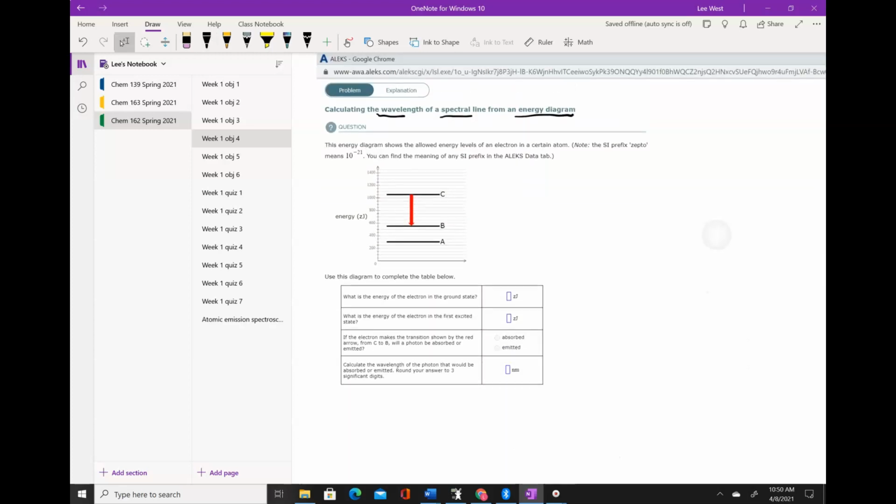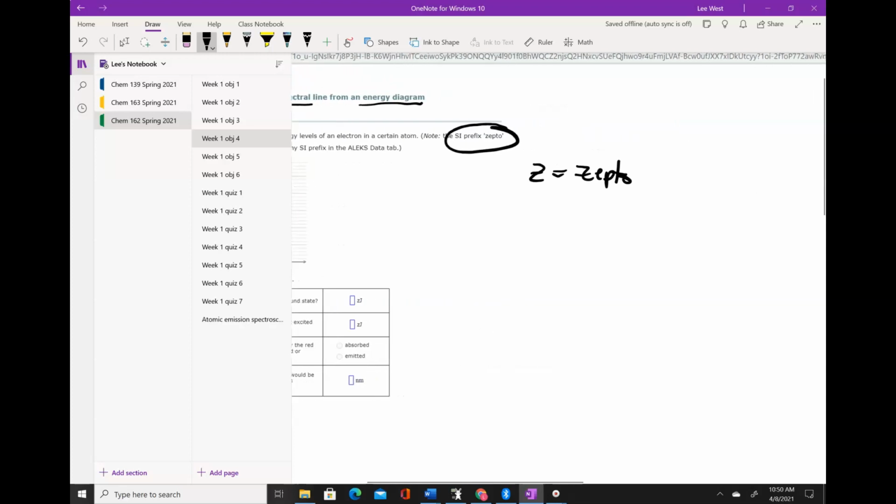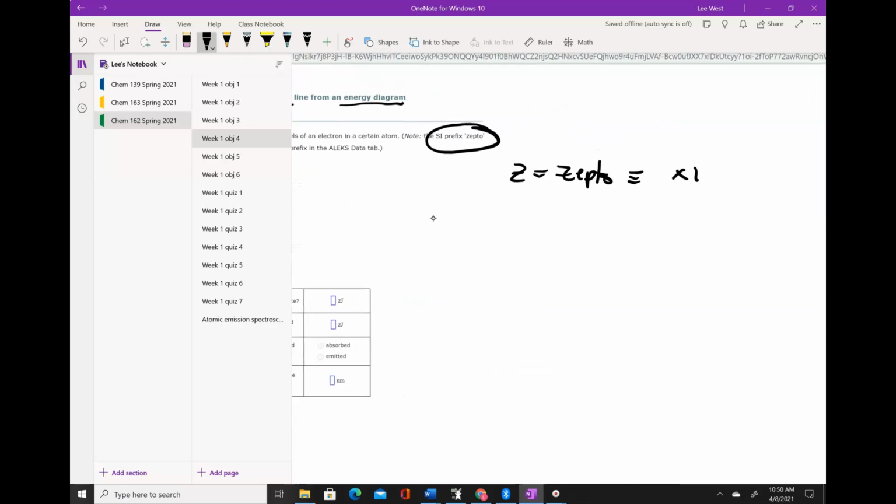Alright, so what you're given is an energy diagram that shows the allowed energy levels of an electron in a certain atom, and they give you a little warning here because the energy is given in Z joules. So Z is the prefix for zepto, and it's equivalent to saying times 10 to the minus 21.